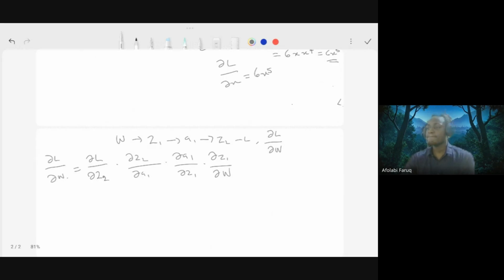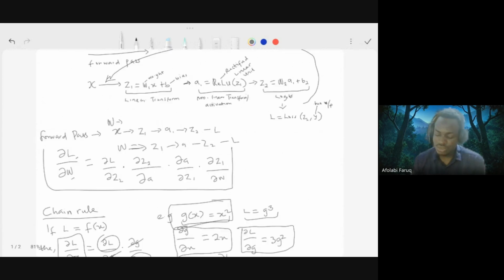For us to be able to calculate this, you have to look at what each of them represents. Now, we have the Z2.